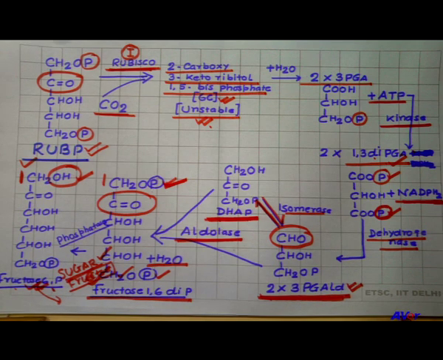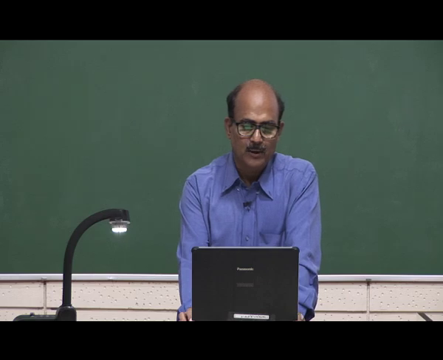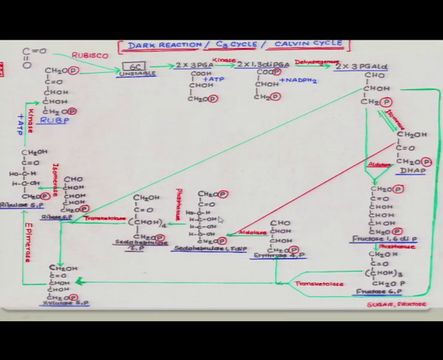After that, this fructose 6-phosphate undergoes regeneration, forming various types of compounds: erythrose, sedoheptulose 7-phosphate. It again combines with phosphoglyceraldehyde, then ribulose 5-phosphate, then xylulose 5-phosphate. This ribulose 5-phosphate again returns back to ribulose bisphosphate.